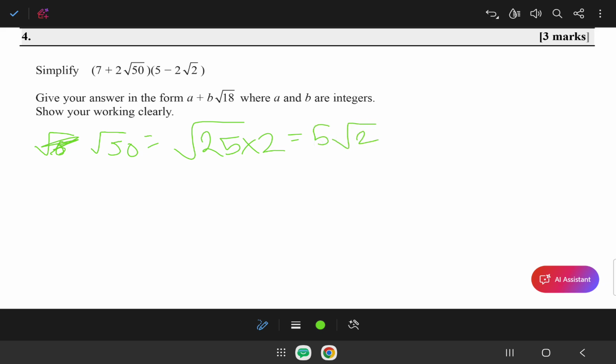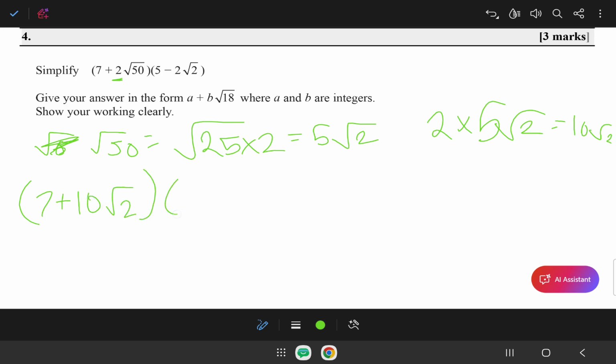Now we have the 2 in front of it, and we have to include that. So 2 times 5 root 2 equals 10 root 2. So now we have 7 plus 10 root 2 times 5 minus 2 root 2.